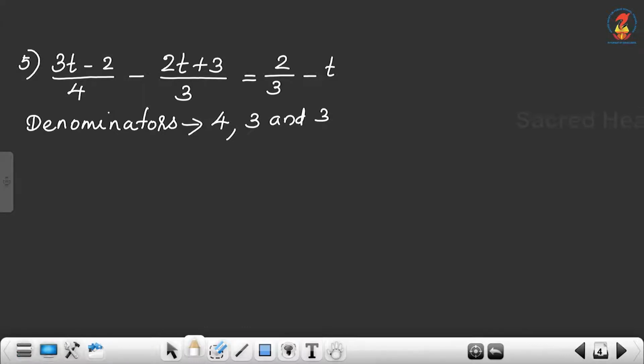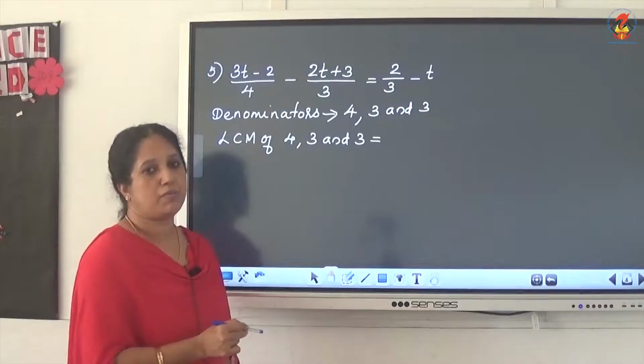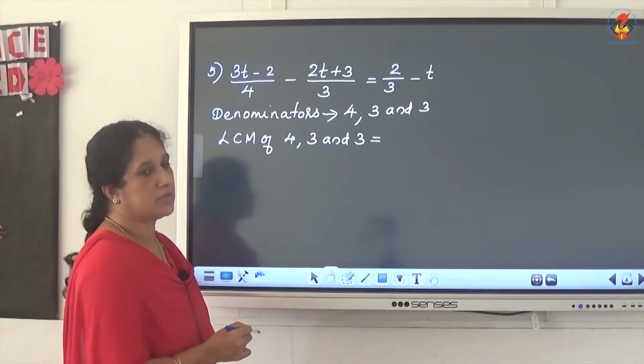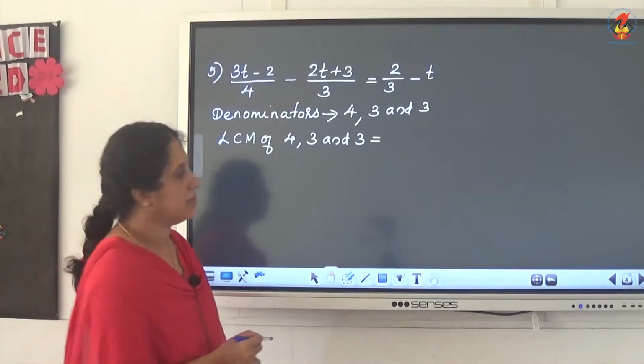Then the first step, take the LCM. So LCM of 4, 3 and 3. Can you say what is the LCM of 4, 3 and 3? So the least common multiple is 12.